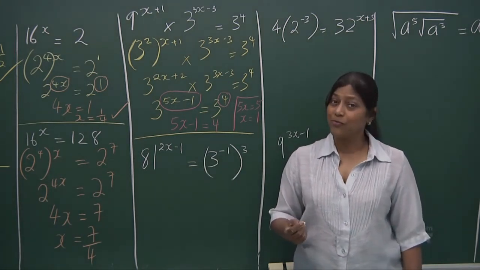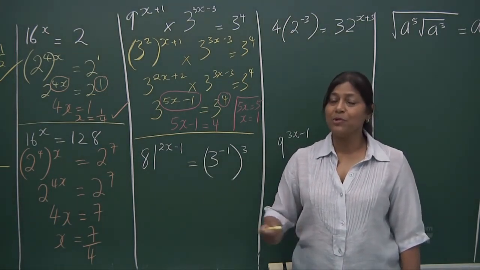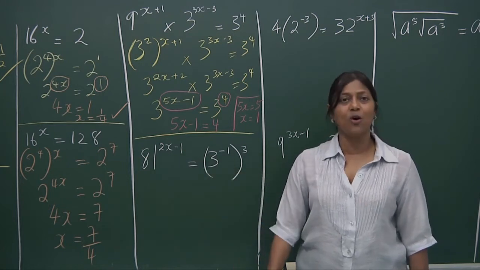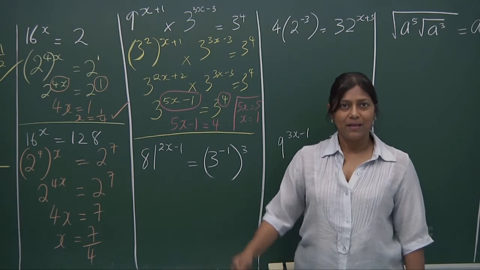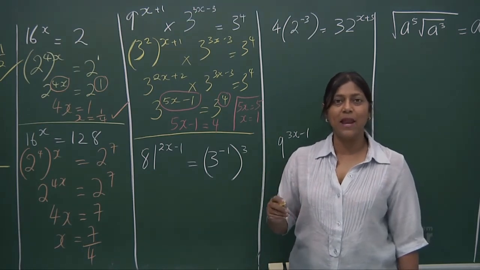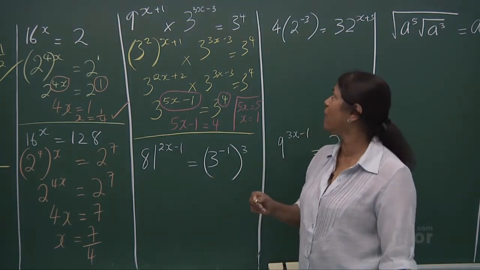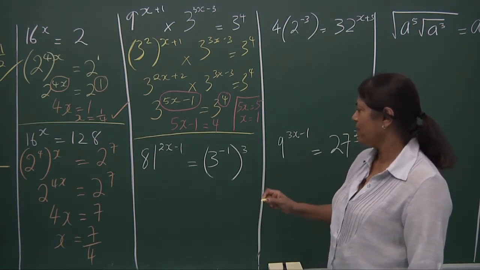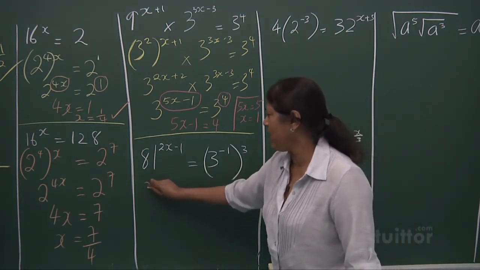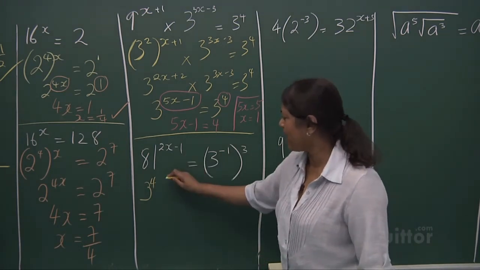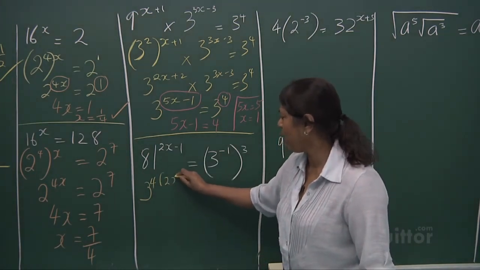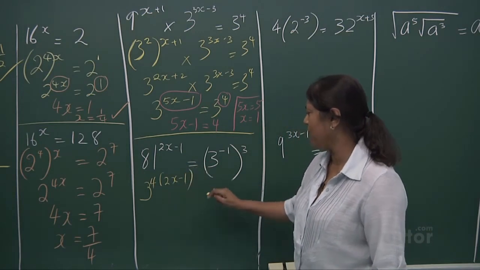Yes. Once you've got it, remember, do a prime factorization on 81. Break down 81 and you see that 81 is 3 to the power of 4. Alright? So 81 is 3 to the power of 4. And the outside power here is 2x minus 1.